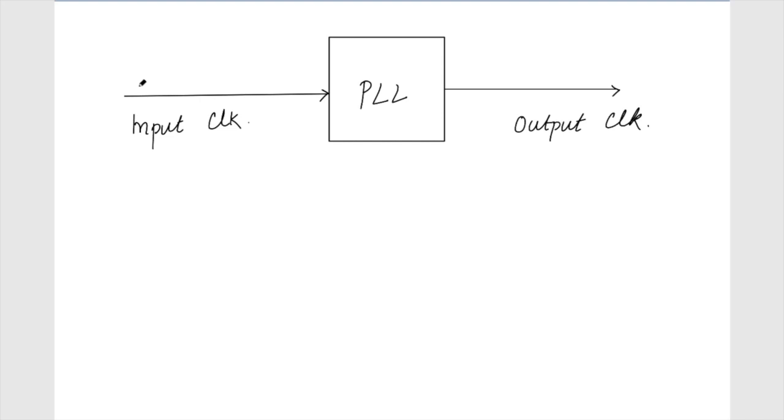If I have a multiplication factor of 2, it should give me twice the frequency, so basically my time period gets halved. This is the basic meaning of frequency multiplication.